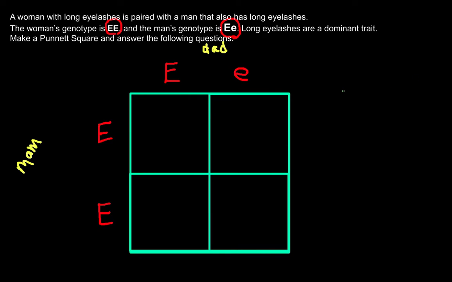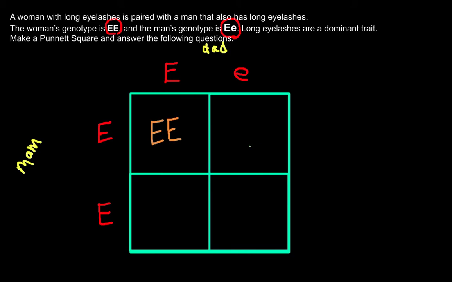The way we fill this up is we always look to the left, we always look up. To the left and up for each quadrant right here. So let's go ahead and do that. When you look to the left, you have a capital E. And when you look up, you have another capital E. So this quadrant goes like this.